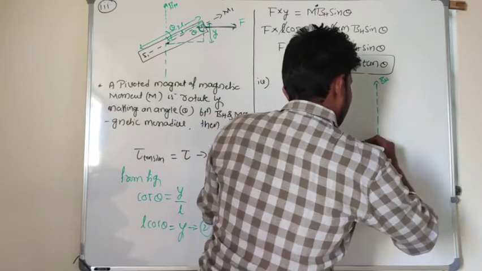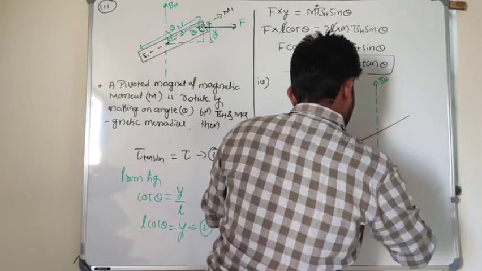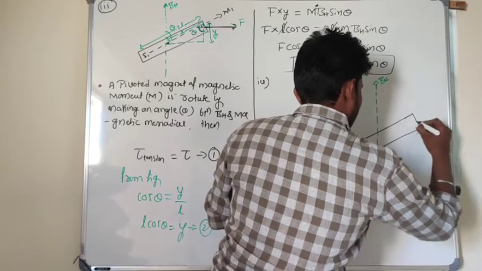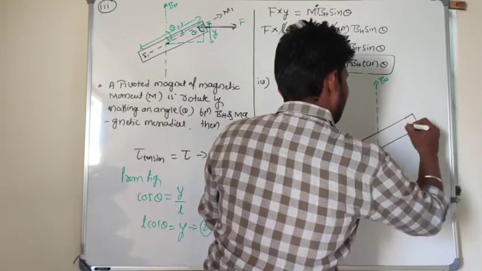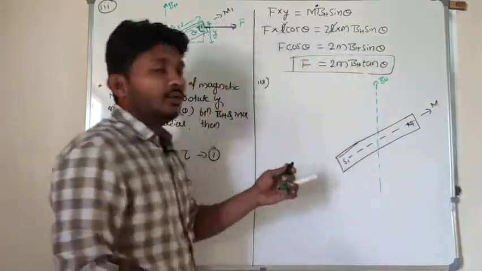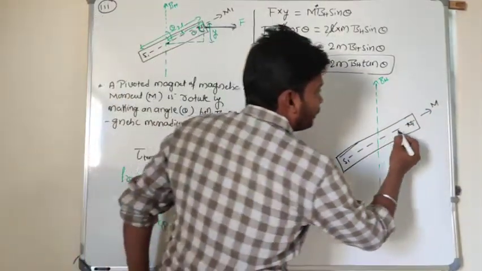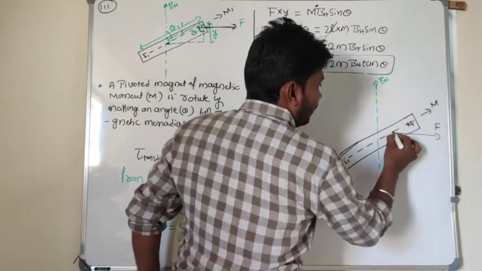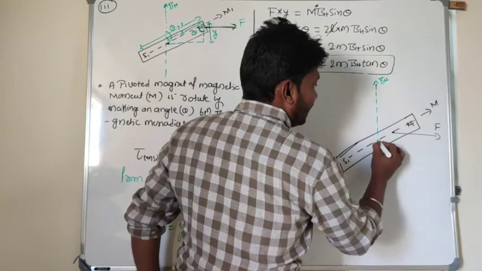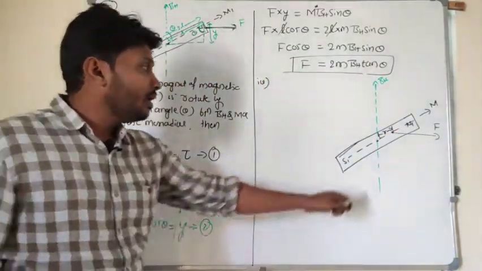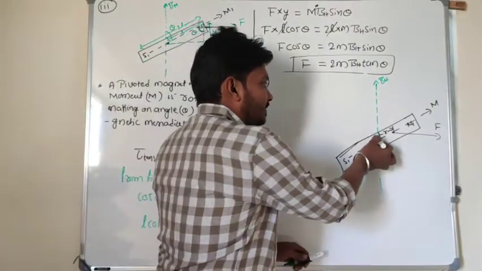I will take one bar magnet, with south pole and north pole, right? Now I will apply the force at this point, which is at a distance r from the pivot, from this axis of rotation.